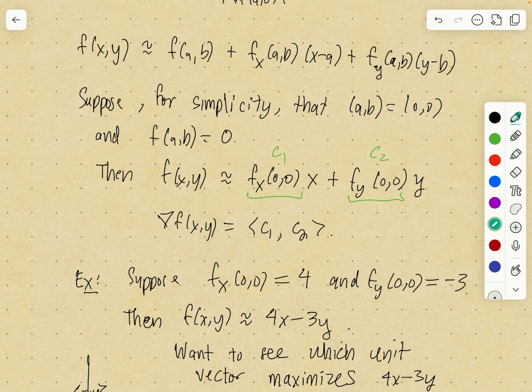It's true for a linear function in 2 variables, so it makes sense that the statement would be true in general. That's how you can get some intuition behind why the directional derivative is maximized in the direction of the gradient. You can check in several ways that it's true for a simple function c1x plus c2y, and an arbitrary function is approximately that function. Okay, so that's what I wanted to say about the gradient and the directional derivative.